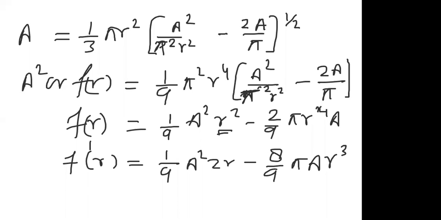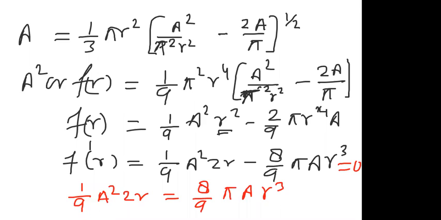We need to put F dash R equals to 0. F dash R equals to 0. So it becomes 1 by 9 A square 2R is equal to 8 by 9 pi A R cube. Now we will cancel the terms, whatever we can cancel. A to 1 power cancels.